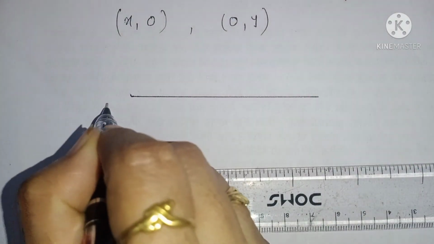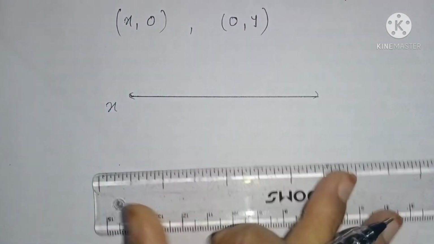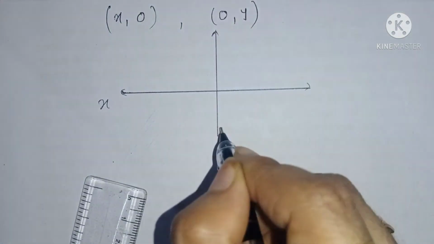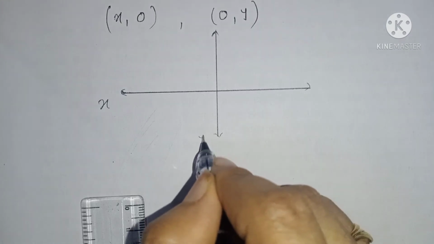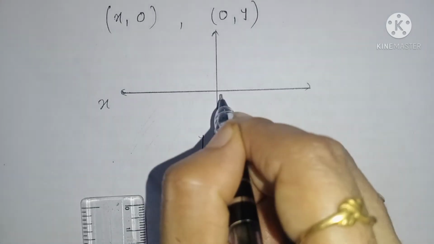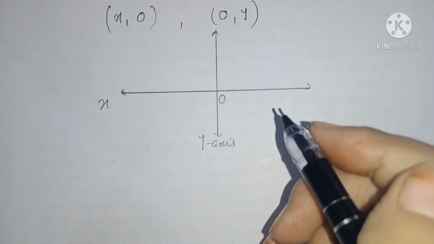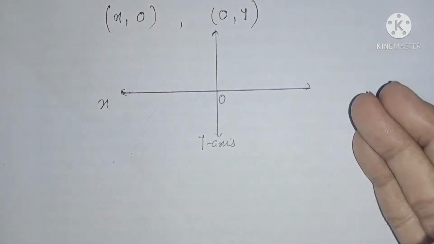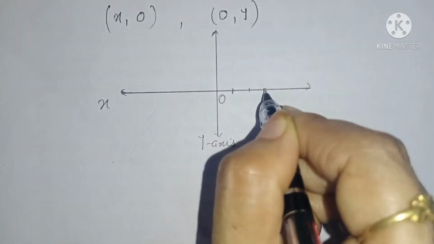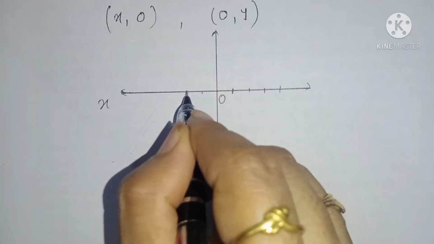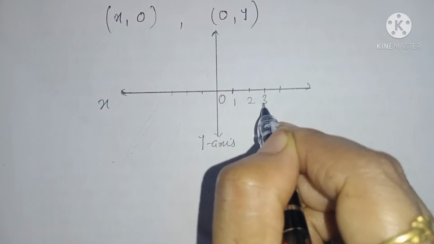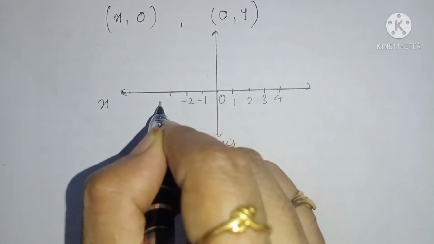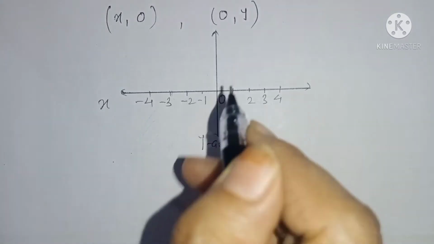This is x axis, horizontal line, and the vertical line is known as y axis, right? And they intersect each other at origin, that is known as origin, represented by O. Then this right hand side is positive coordinates and here it is negative, like 1, 2, 3, 4, etc. -1, -2, -3, -4.